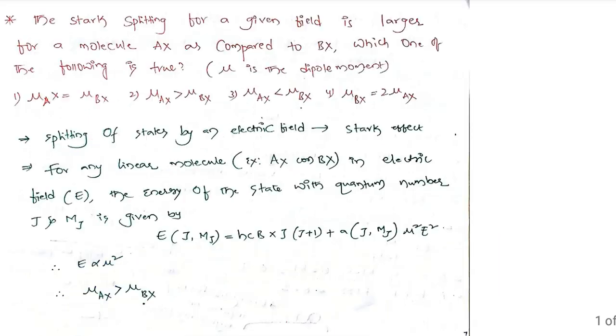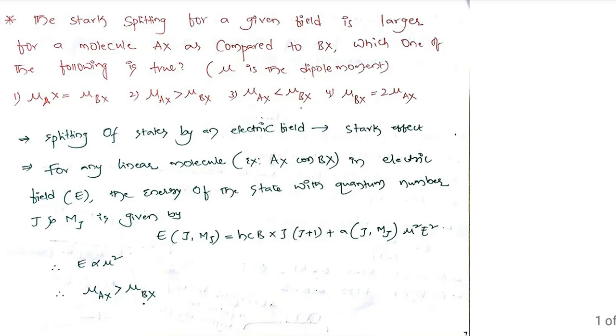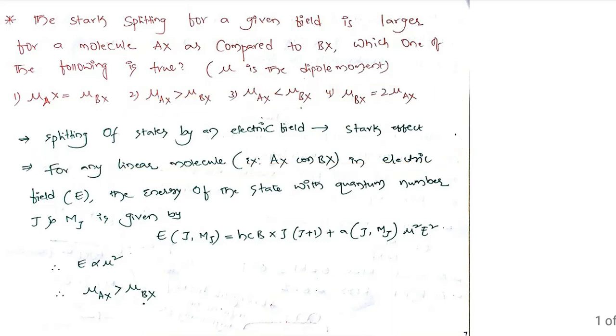Okay, right. Next one, the Stark splitting for a given field is larger for a molecule AX as compared to BX. Which one of the following is true? Here mu is dipole moment. Splitting of states by an electric field is simply considered as the Stark effect.